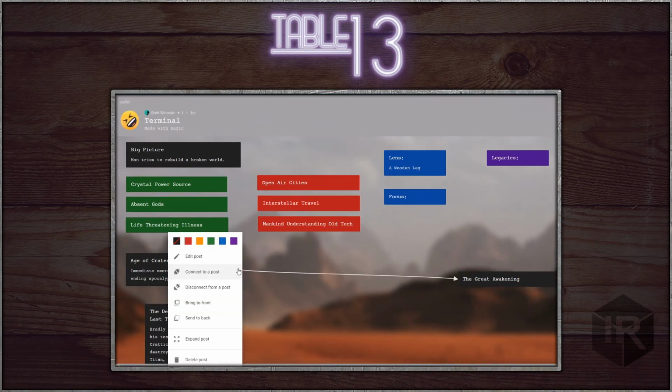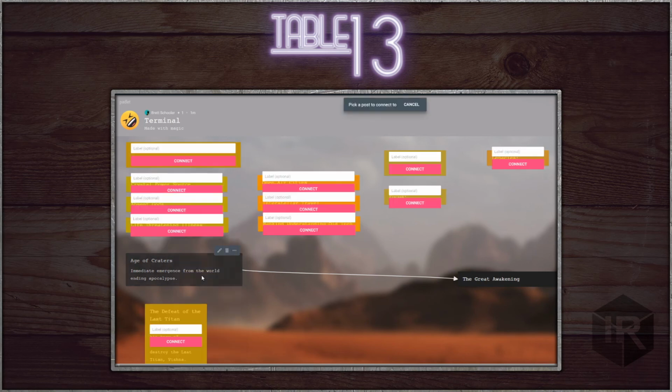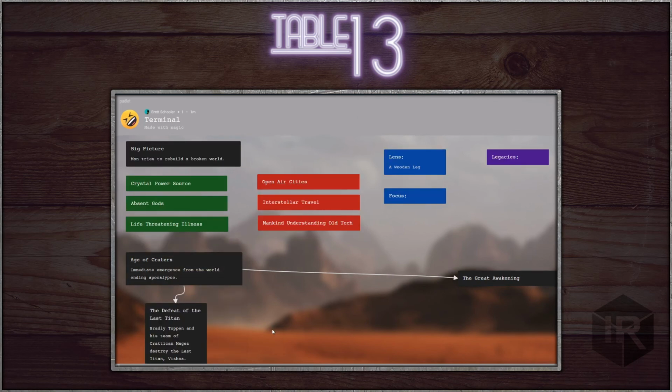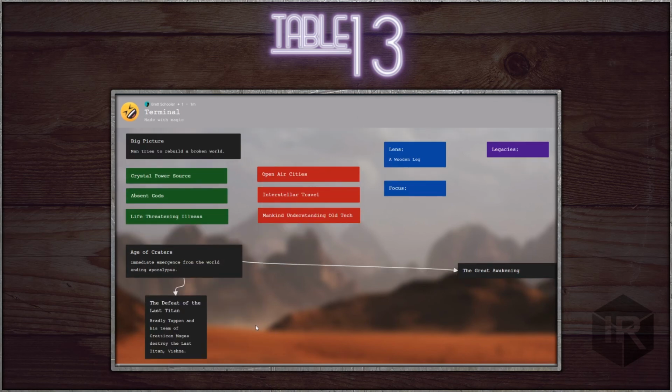You basically just write down stuff so that you have an idea when you're looking back at it what it is. So: the defeat of the last Titan. Bradley Toppin and his team of Kratikin mages destroyed the last Titan Vishta. At this point, we don't know what a Titan is, and we don't know who Brad Toppin is or what Kratikin mages are. But those things all exist now that we can expand upon.